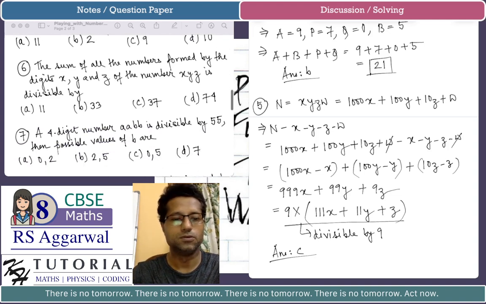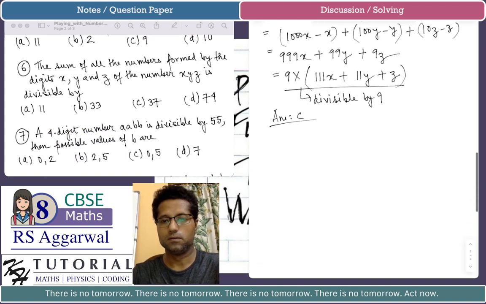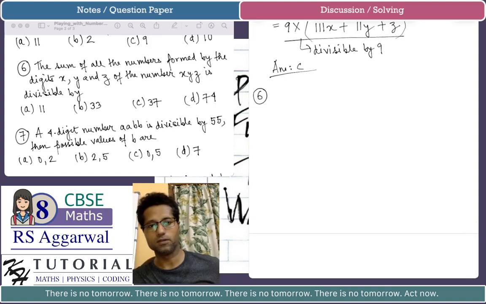Okay, let's do problem number 6. It says the sum of all the numbers formed by the digits x, y and z of the number xyz is divisible by.